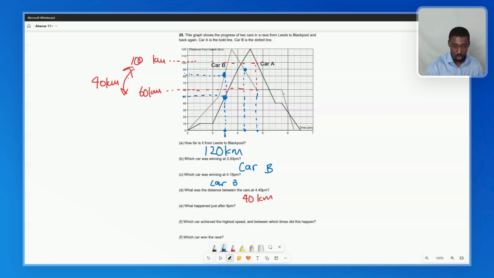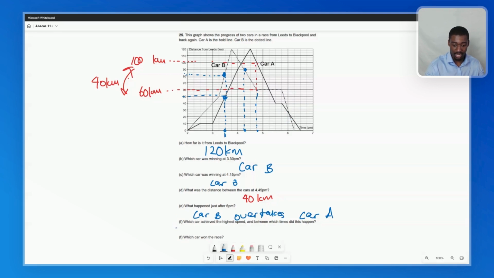And as we can see here, the dotted line, car B, is overtaking the solid bold line, car A. And actually they end up getting back to Leeds before car A. So to answer the question, just after 6 p.m., car B overtakes car A. And we can see this through the lines crossing. They're at the same distance at that point in time.